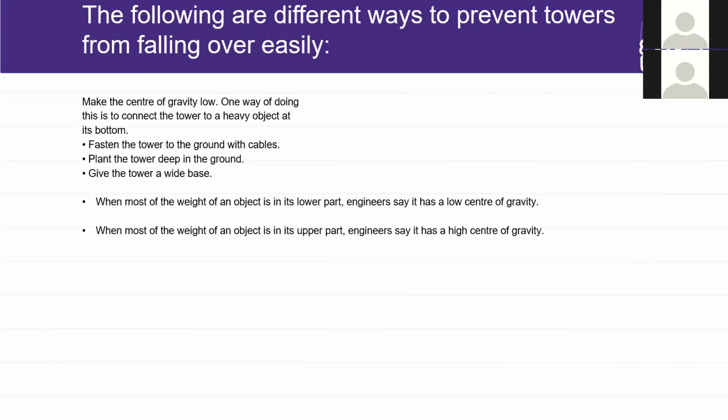Because gravity makes objects fall to the ground, we don't want our towers to fall. We don't want our structures to fall. So we give them a lower center of gravity so that they will be stable. Okay, I hope you remember that.